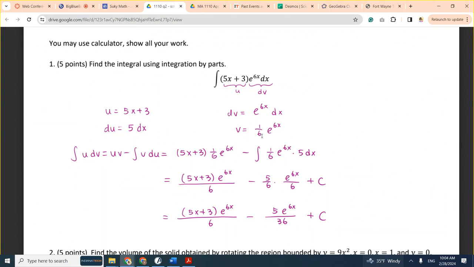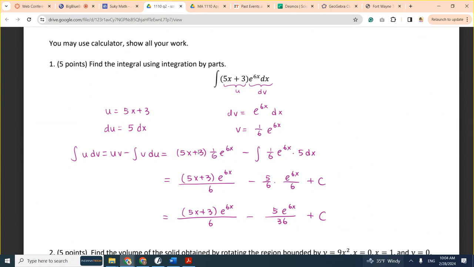Right. So the formula is integral uv minus integral v du. Everybody familiar with the formula? Good. So make sure you put parentheses around the u. If you don't, it means only the 3 is multiplying by this side, and you're not multiplying the 5x by it.